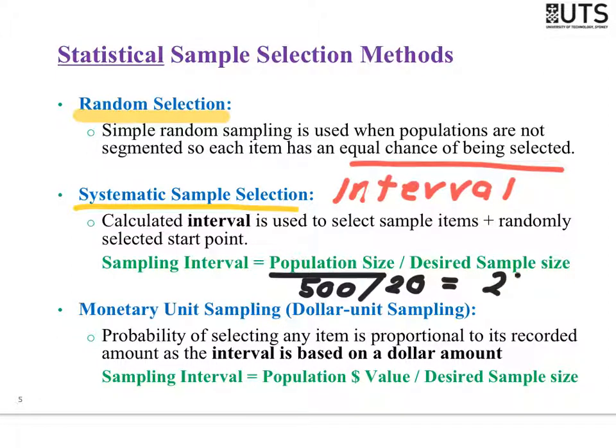Ladies and gentlemen, here's the link. Based on this interval, we then pick every 25th sales invoice. See what I mean? You're selecting your sample based on this interval. So you pick every 25th invoice. Now remember, something that we've mentioned earlier is usually in organizations, the documents are pre-numbered.